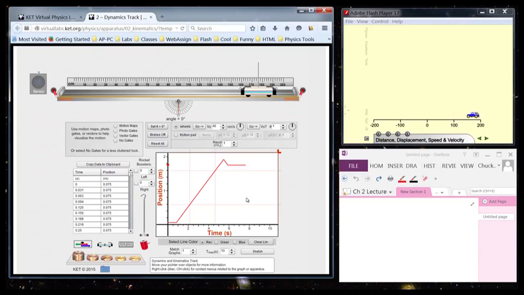So we can find the distance it travels and the time interval. Okay, the distance is the height between here and there, which is 100 centimeters, and the time is from about 2 point something to 5 point something seconds. So it looks like it's about 5 seconds to go this distance here. Okay, so that distance over that time gives us the speed.